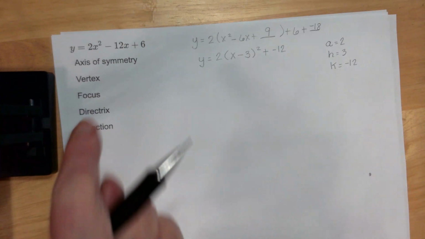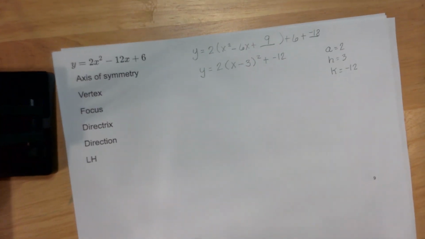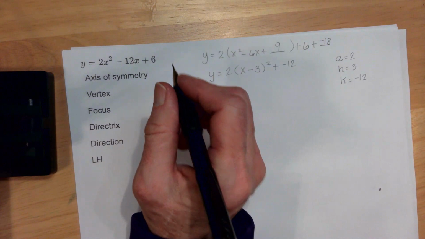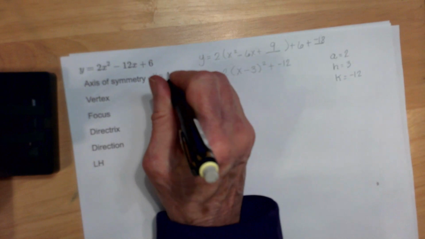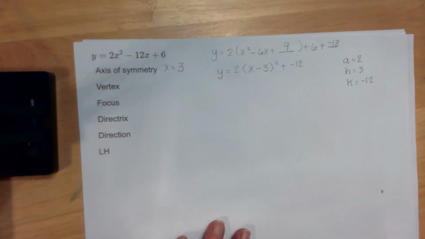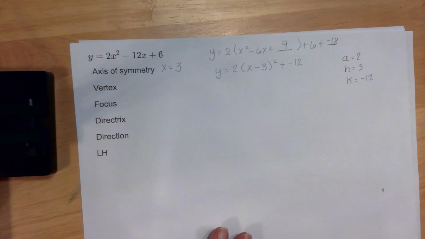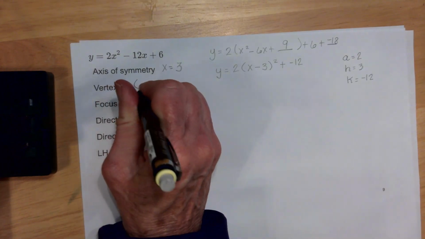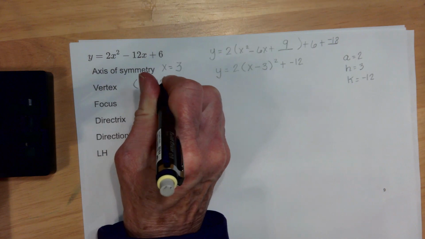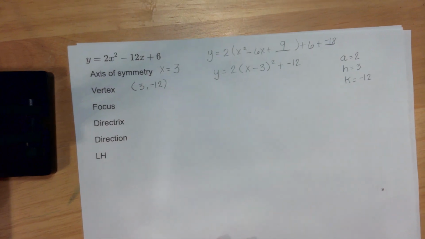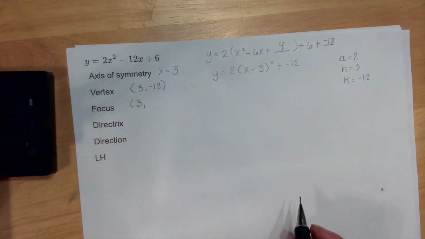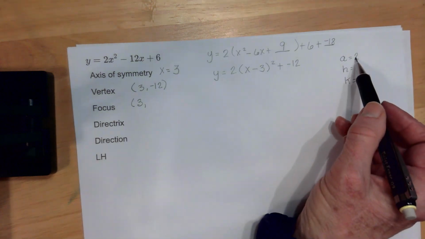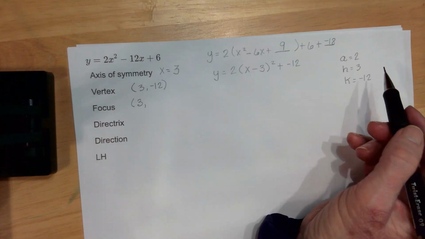Now, if you know all that, you can do this. Because you know the axis of symmetry is going to be x equals the h value. The h value is 3. The vertex is going to be (h, k), so I've got 3, negative 12. Your focus is going to be the h value, so it's 3, and then I'm going to take the k value and add 1 over 4a. Here's the a, so 1 over 4 times a is going to be 1/8.